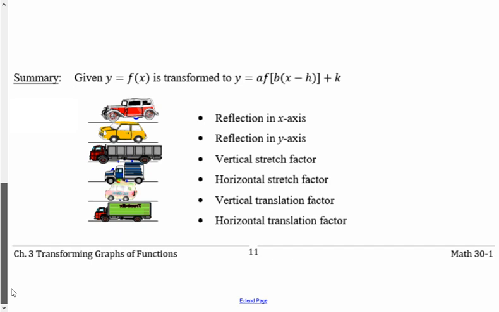A variety of vehicles here. So you were given this equation on your formula sheet. You're not told what anything means. We just need to know what it means. So if there's a reflection in the x-axis, which of these letters, A, B, H, or K, tells us? The what? A. Here we go.